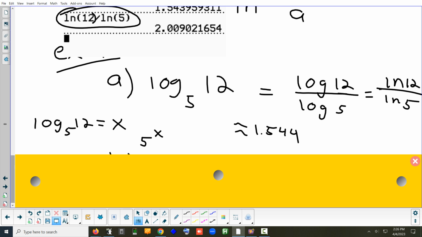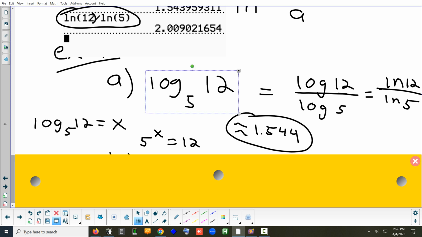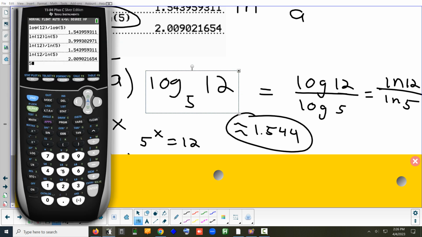X. And what would go on the other side? 12. So what we really just figured out in this problem is 5 to what power gives you 12? And it's the 1.544 power. 5 raised to the 1.544.